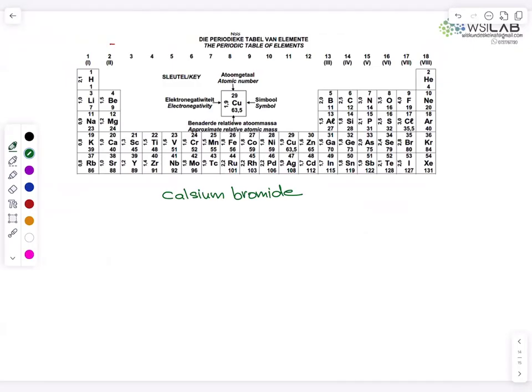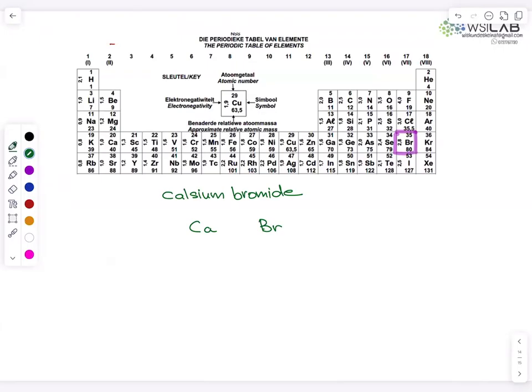So that would be the Ca and the bromine. Bromine is in group 7. You'll learn the group 7 ones: fluorine, chlorine, bromine, iodine. And they are very important.